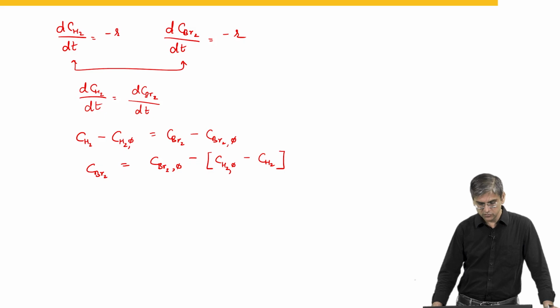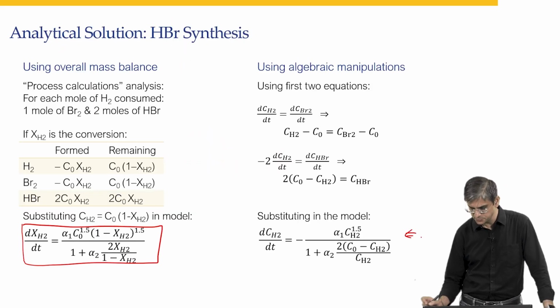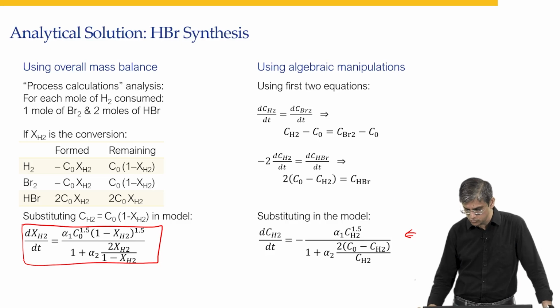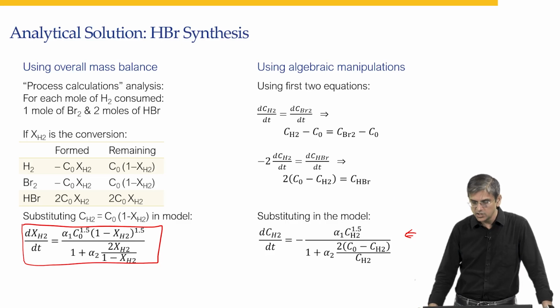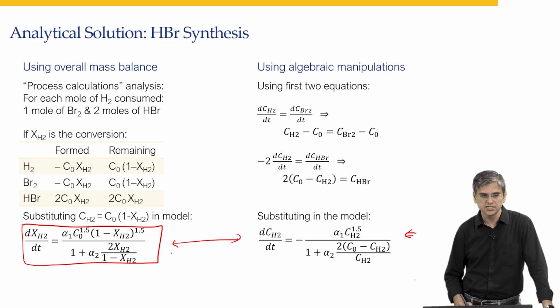What if we were to use this particular approach? If we were to use this particular approach, again we can substitute those, okay. And if you do the math just by plugging in how CH2 is related to XH2, you will see that this and this are exactly equivalent, okay.